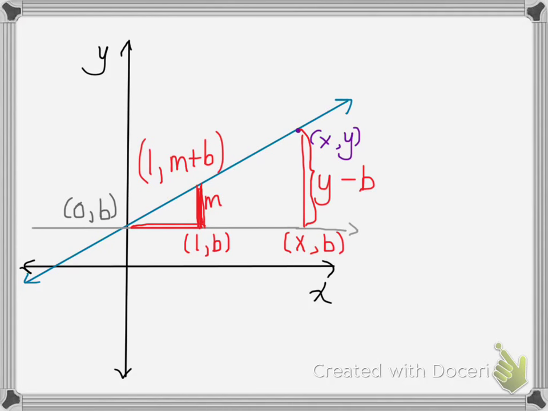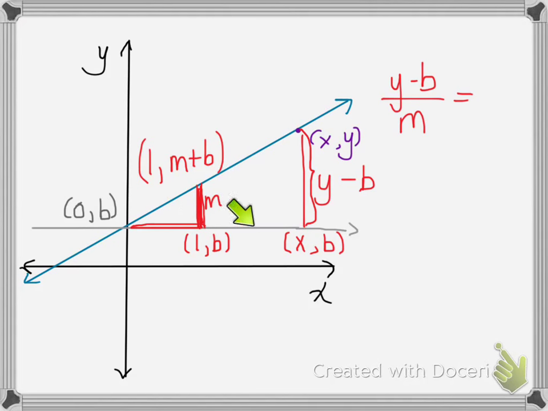Okay, so now we can write the ratios. We know that y minus b over m is one of the ratios in those similar triangles, this length to this length.